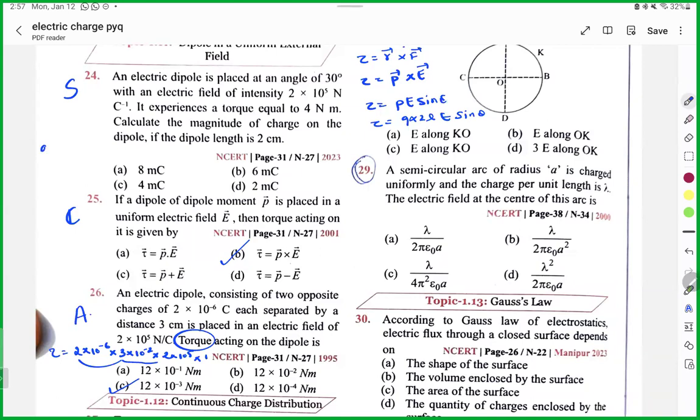Charge. You know charge will be equal to torque by L E sin theta.